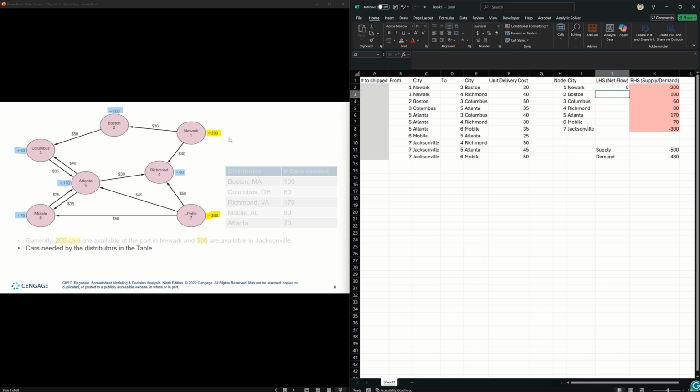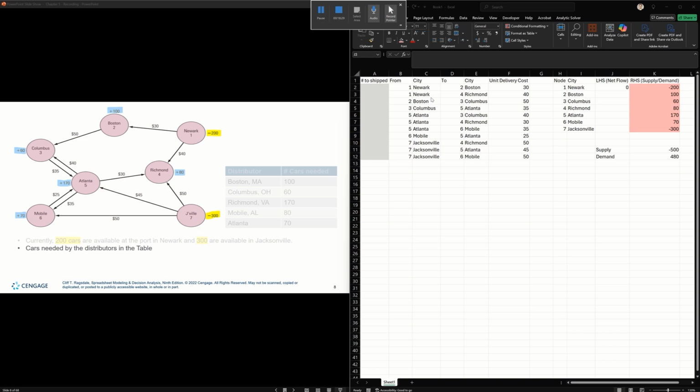And then if we go to 2, at 2 here, we have only one arc that leaves Boston. So from Boston to Columbus. Now from Boston to Columbus, we have it here. We can see that this is the only arc that leaves this node. And it is, again, if it leaves, then it's minus, right? If it goes from that node to the other, so if it doesn't receive it, that is minus.